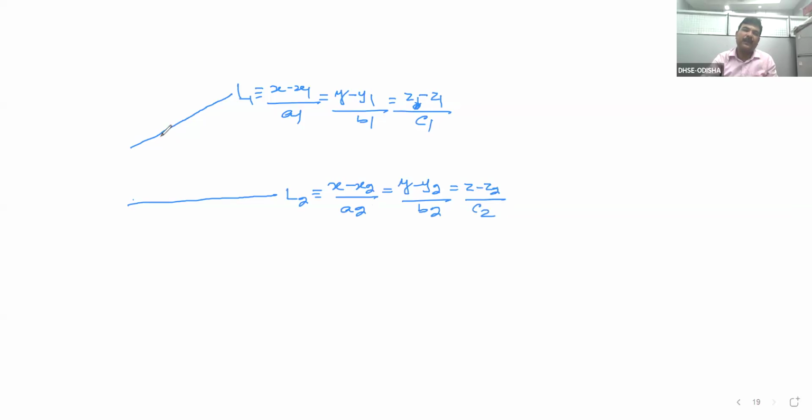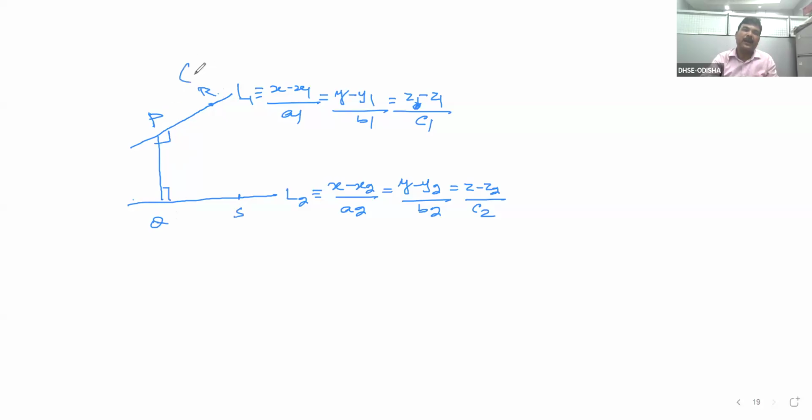So PQ is the shortest distance between the lines L1 and L2. This is P, this is Q. So there is a point R on line L1 and S on line L2.